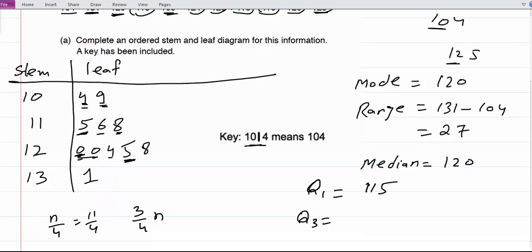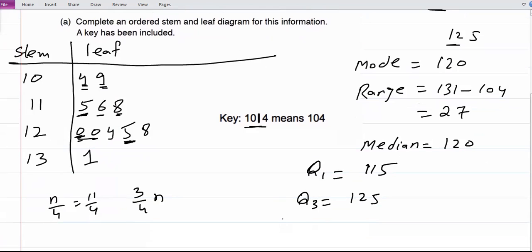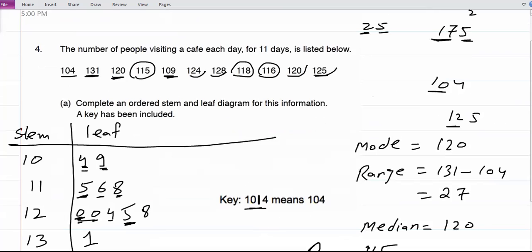This is the ninth value. Stem is 12, so 125. Then interquartile range, IQR, Q3 minus Q1. 125 minus 115. That will be 10. So this is all what we have for our stem and leaf diagram.